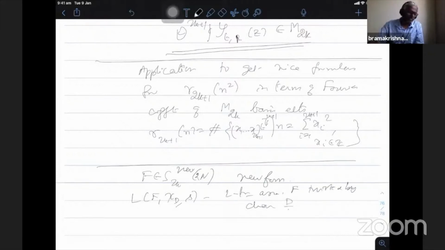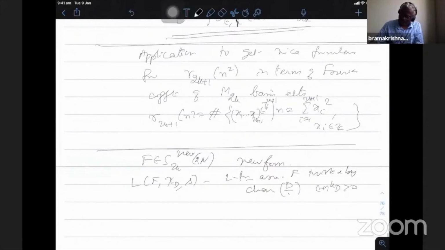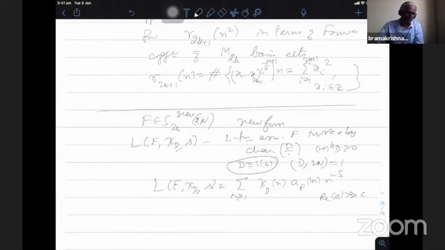Then take (-1)^k d positive, and assume that (d, 2n) is 1, so d is 1 mod 4, a fundamental discriminant. Then this L(F, χ_d, s) is nothing but the summation over n greater than or equal to 1 of χ_d(n) a_F(n) n^(-s). I have to take some real constant, depending on the weight.